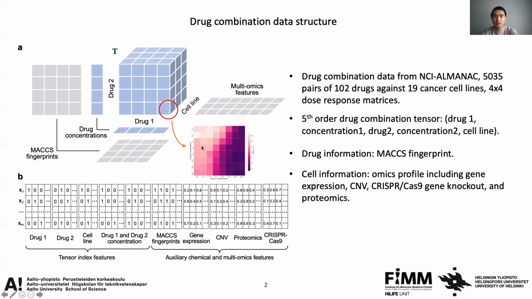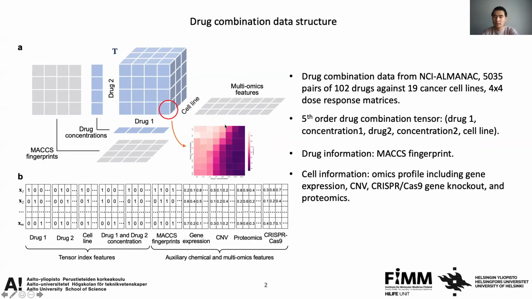It means that given a drug 1 and drug 2 tested in a cell line, and the concentration of the first drug and the concentration of the second drug, then we can get their combined response on the cell line. When the concentration of drug 1 is 0, then the combination response is actually a monotherapy response. So this is the structure of the drug combination data.